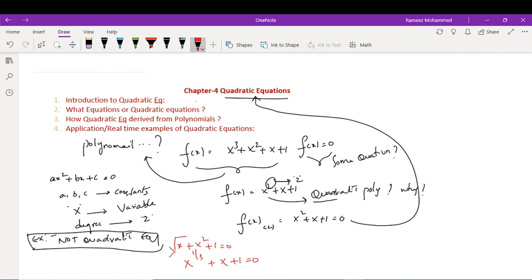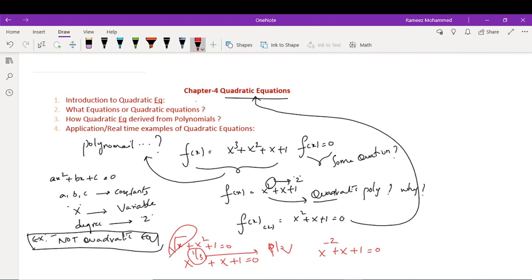When you have radicals, which are roots, or exponents in the form of p by q, then it is also not a quadratic equation. And when the exponent is negative, it is also not a quadratic equation. So the things I wrote in red are not quadratic equations.